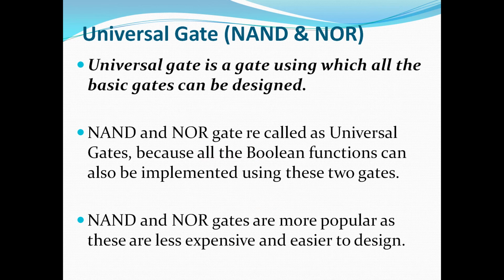But if you use only the NOT gate, it is not possible to design other gates. Or if you use only the OR gate, it's not possible to design other gates. Likewise, if you use only the AND gate, it is not possible to design all the operations.